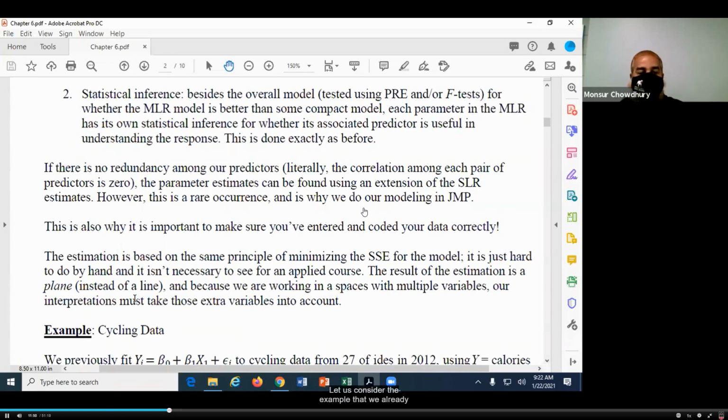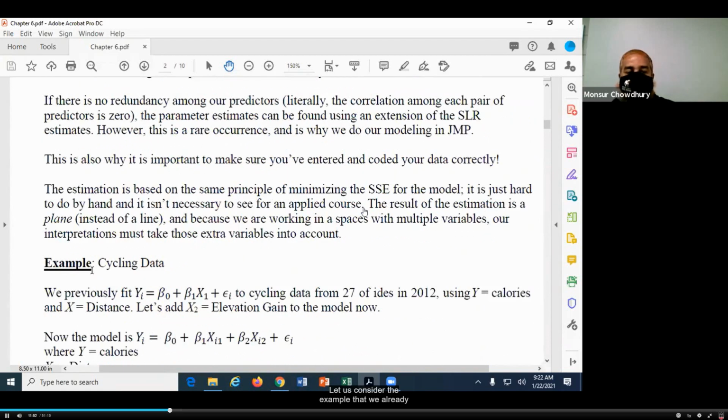So let's consider the example that we already have, this data in our ELC. We call it the cycling data. If you remember, previously we fit the model to check whether calories is related to distance.